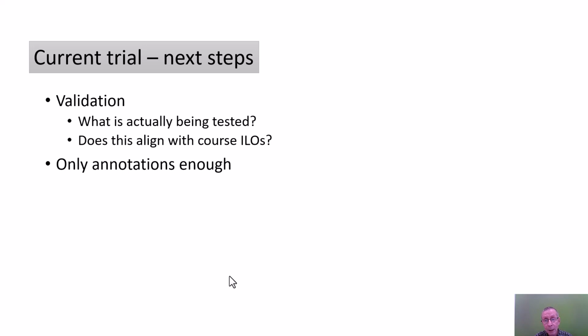We'll also be looking at whether it is possible to cut out the mini viva, because obviously the mini viva is quite resource intensive, and just use the annotations alone to collect sufficient data to make a decision about the student's performance on the task.